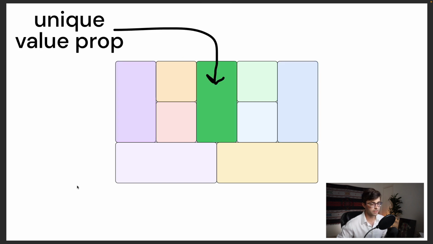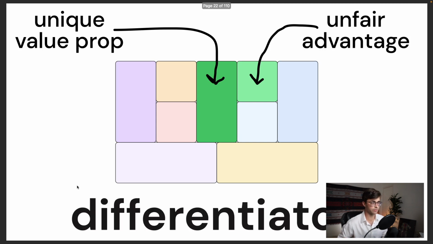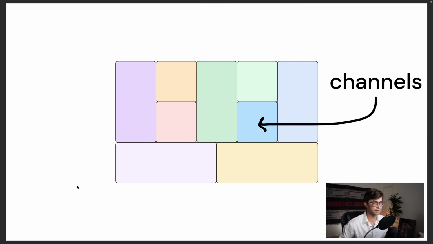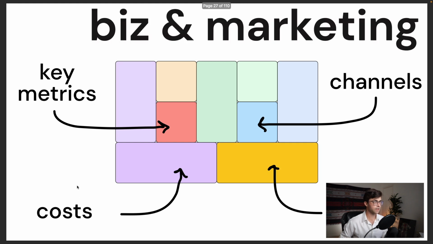Then there's the unique value proposition and unfair advantage, and these are how the company differentiates itself from others. And then finally, you have things like marketing channels, key metrics that they track, operating costs, and revenue streams. This is what I would term the business and marketing operations of the company.